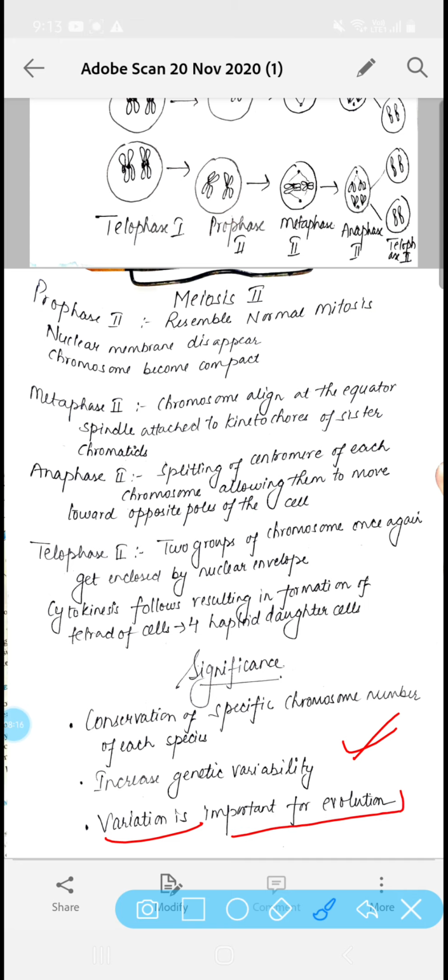Evolution का जो base है वो variation है, variation का जो base है वो crossing over है. And crossing over is part of the reductional division, that is meiosis. So we have completed this topic as well as this chapter, which included the cell cycle and cell division, mitosis as well as meiosis.